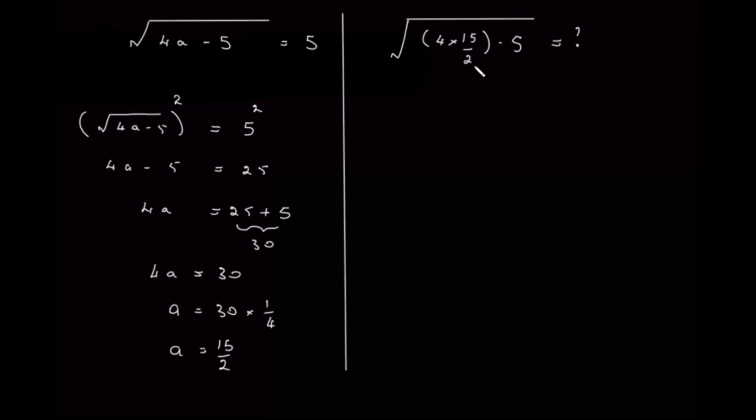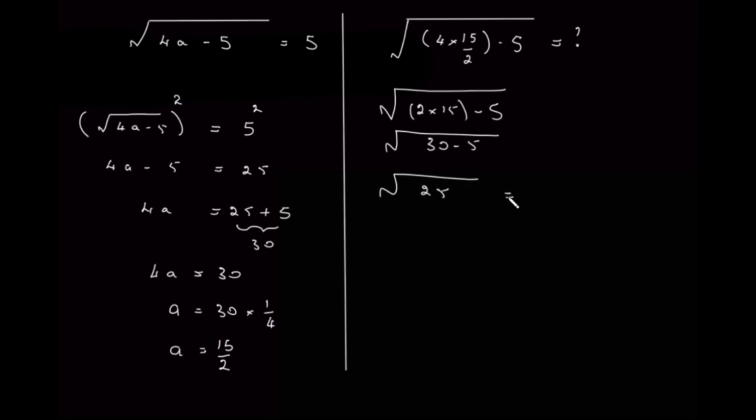That cancels out, that becomes 2, so that's 2 times 15 minus 5, square root of, that is 30 minus 5, square root of, which is the square root of 25, which indeed equals 5, which is that. There you go. Straightforward.